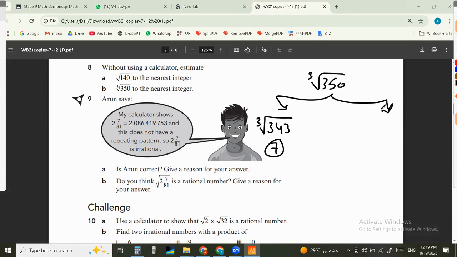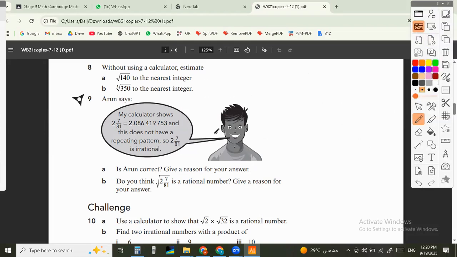And the perfect cubic root after it, if you know them very well, is cubic root of 512, which is 8. If you don't know it, you just should do 8 times 8 times 8, which is 512. Which one is it closer to? Clearly, it is closer to cubic root of 343, which is just 7.